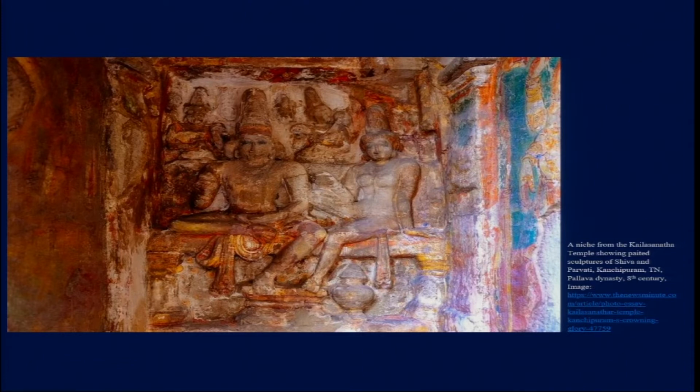So here there is this niche in the Kailasanatha Temple which shows Shiva and Parvati. Here we see the majestic and monumental images of Shiva and Parvati seated in center stage, carved out of the stone, and there are also other figures in the background.